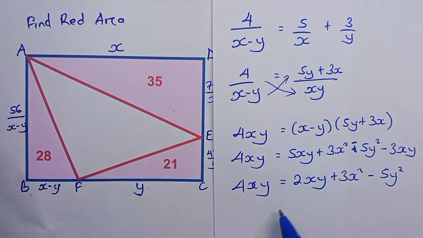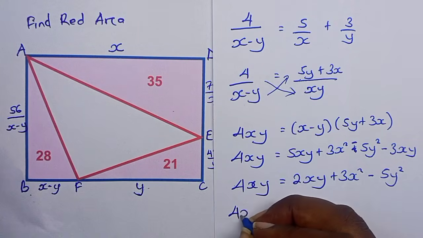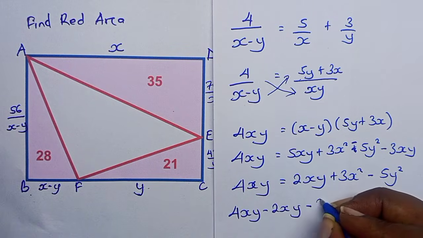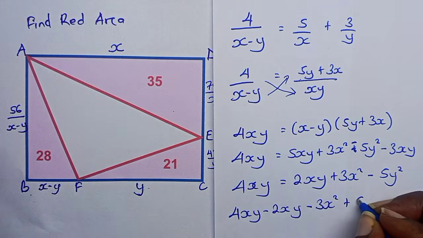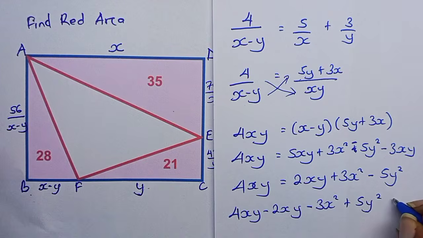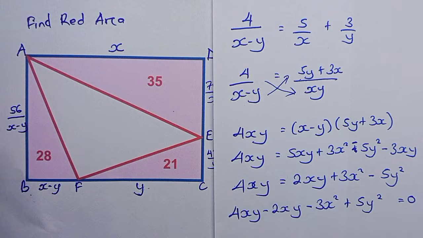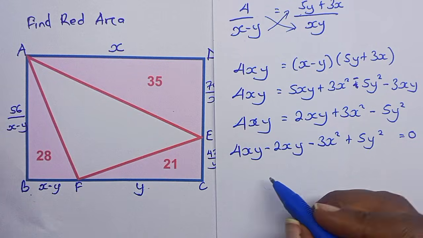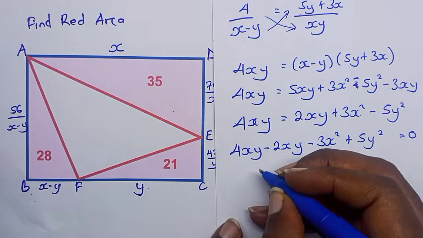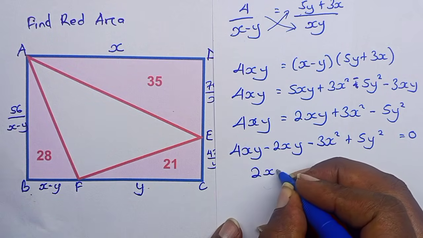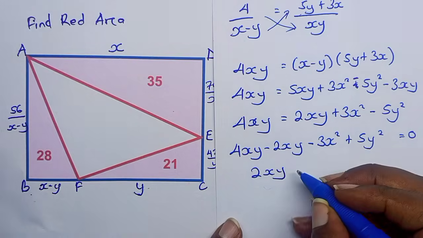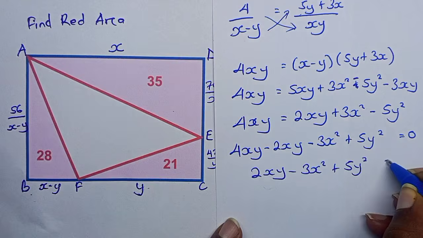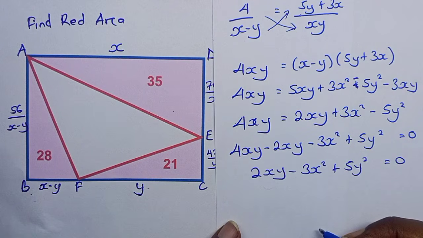So bringing everything to one side, we shall have 4xy minus 2xy minus 3x squared plus 5y squared is equal to 0. So 4xy minus 2xy gives us 2xy minus 3x squared plus 5y squared is equal to 0.